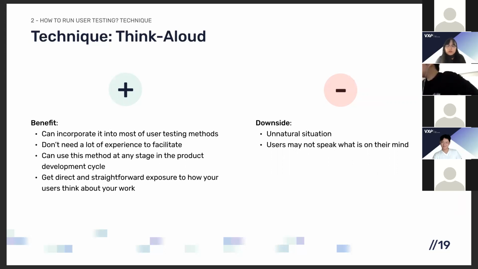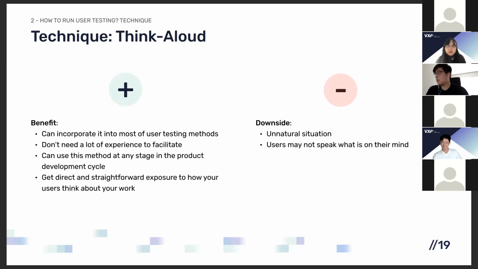However, the downside of it is that it can be an unnatural situation because you require the user to keep on going with the monologue. So it's important for the facilitator to ask guided and unbiased questions throughout the process. Because what you're trying to get is unbiased user behavior. They're supposed to make unedited comments as they interact with the product.